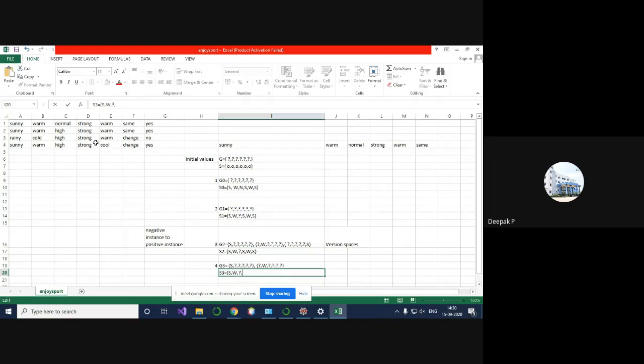Next, I'm having fourth attribute value as strong. In the specific instance also I'm having strong. So there is no change. Next, in the fifth attribute I'm having cool, whereas in the earlier instance I'm having warm. So the values are changing. So I should make it generalized. So that is what is said here.